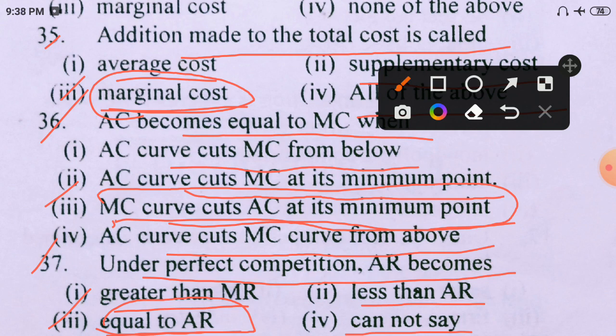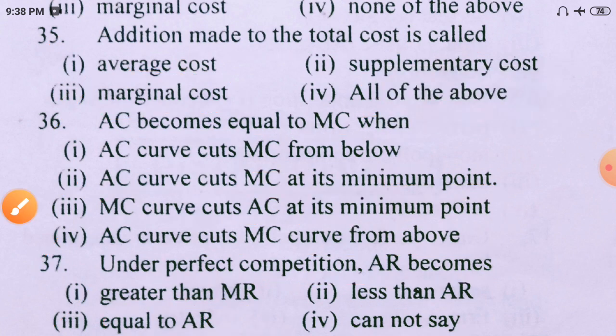The question is wrong. It will be MR. Under perfect competition, AR becomes equal to MR.